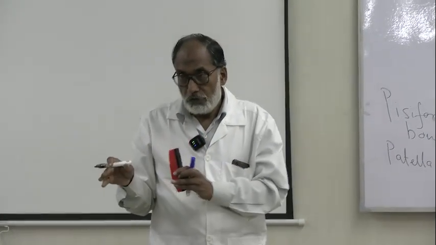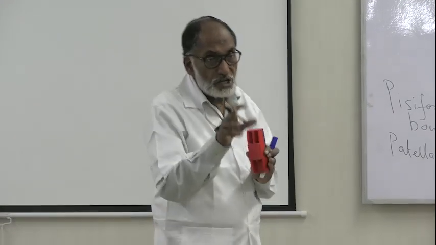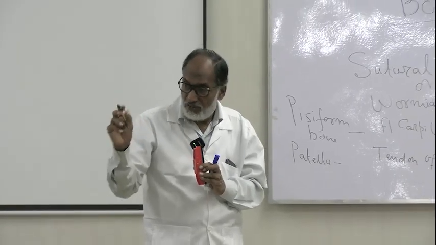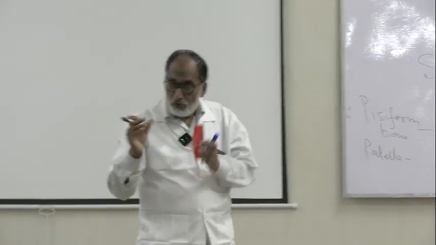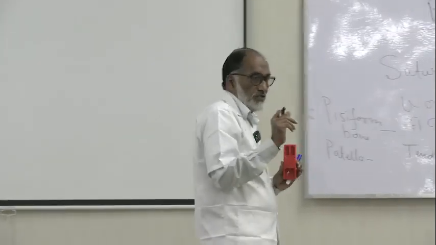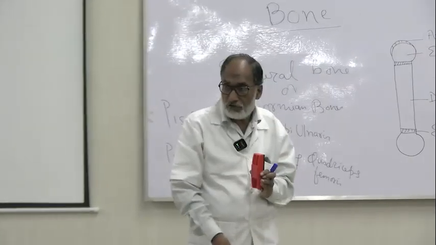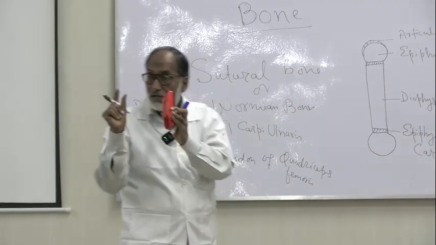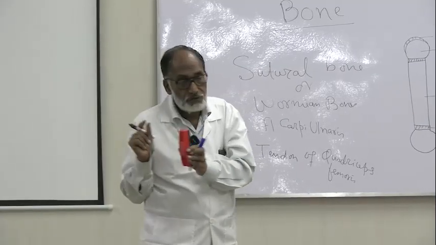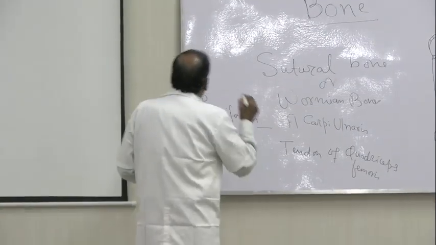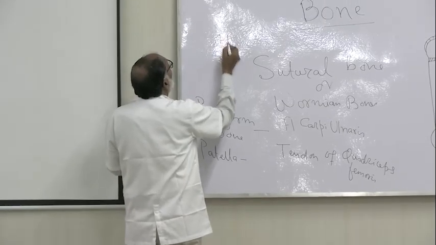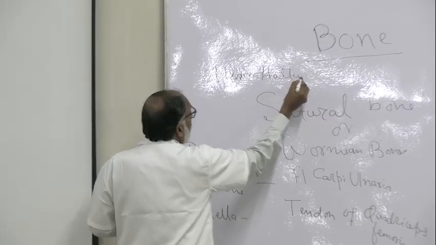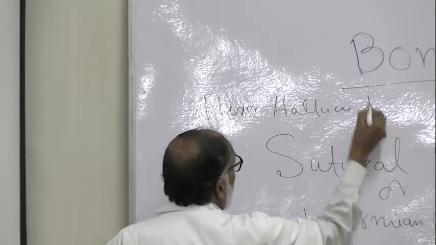There is a muscle of the hallux called flexor hallucis brevis, brevis meaning short, and longus meaning long. There you will get two sesamoid bones within the tendon of the flexor hallucis brevis.